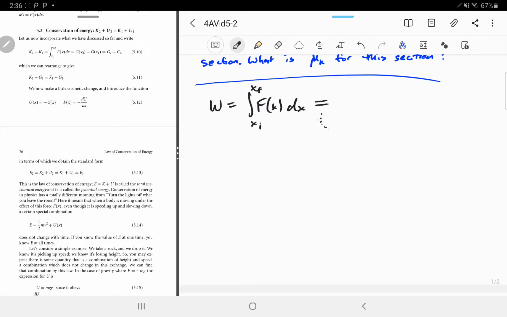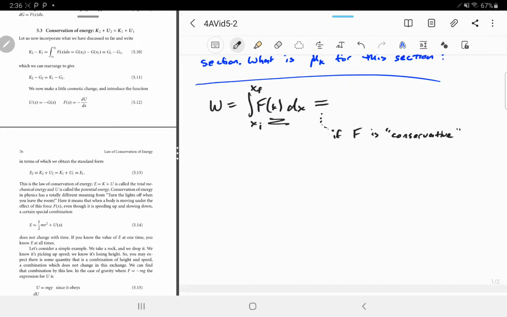So if the force is conservative, and we're going to have more to say about this when we talk about forces in multiple dimensions, then you can just evaluate this integral at the two endpoints.